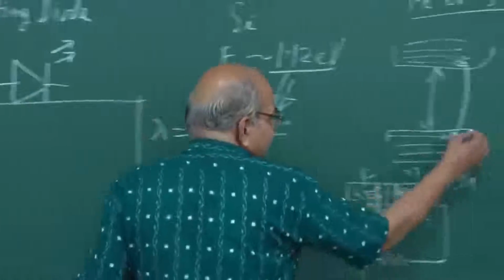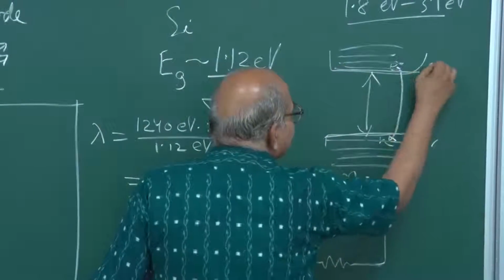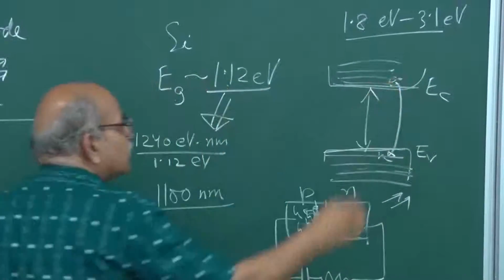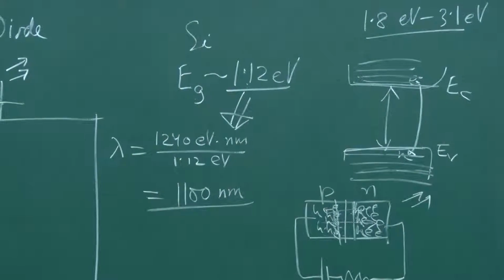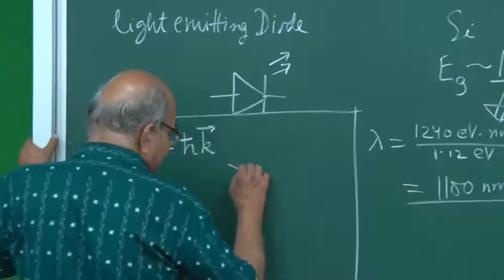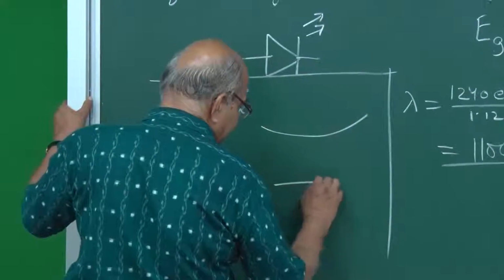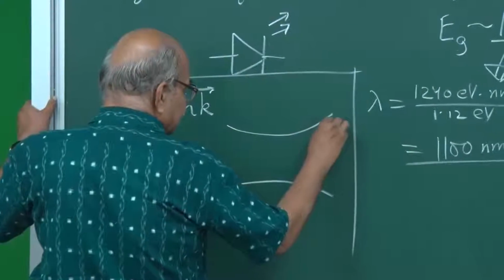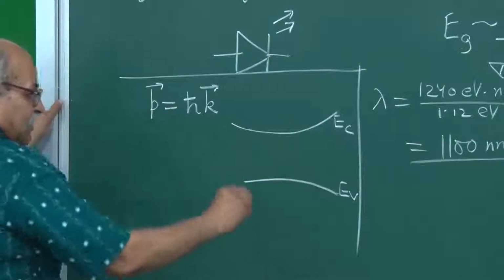If the lowest conduction band energy is EC and the highest valence band energy is EV, then it could be something like this. This is EC and this is EV, and now the horizontal also means something.